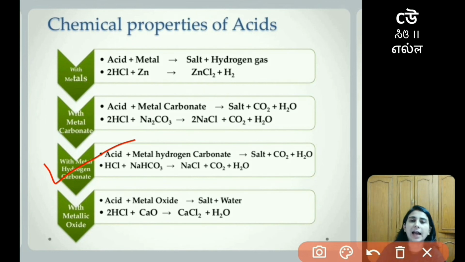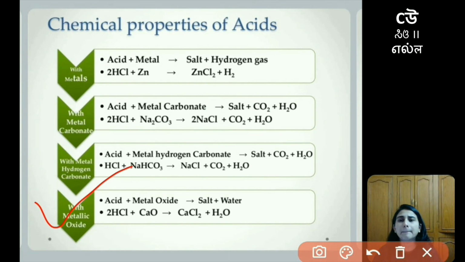Lastly, we have the reaction that shows what will happen when an acid combines with a metal oxide. When acid combines with a metal oxide, we get salt and water. So we have 2HCl combining with calcium oxide, that is a metal oxide.